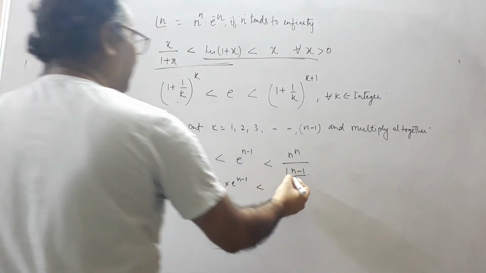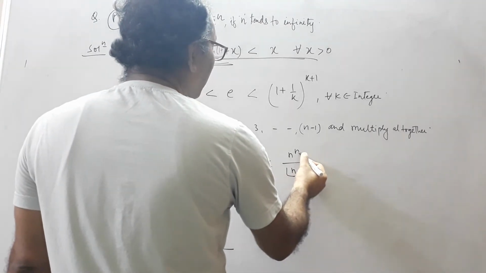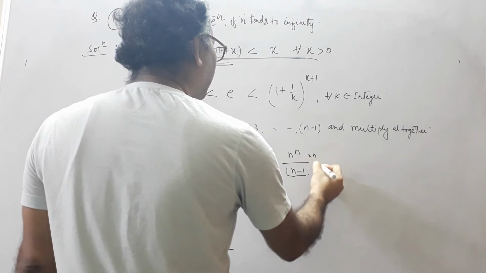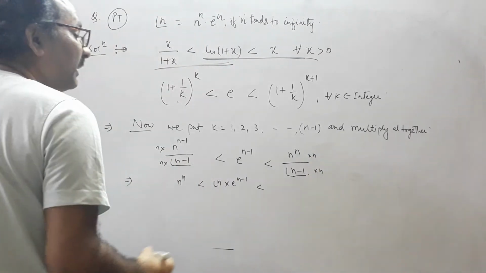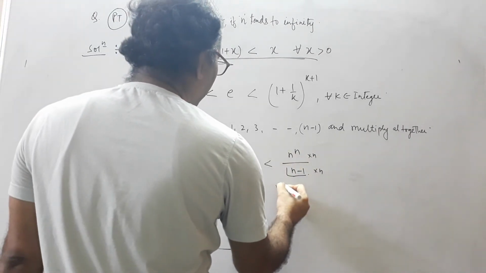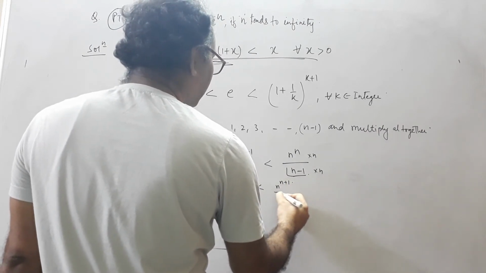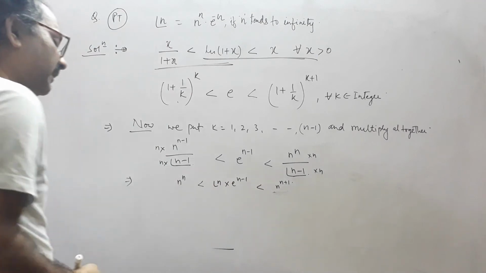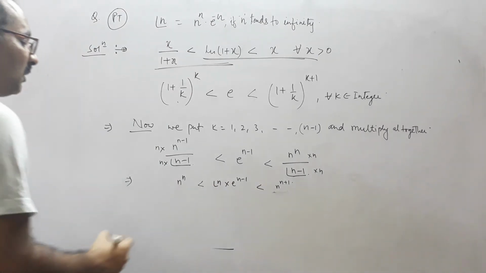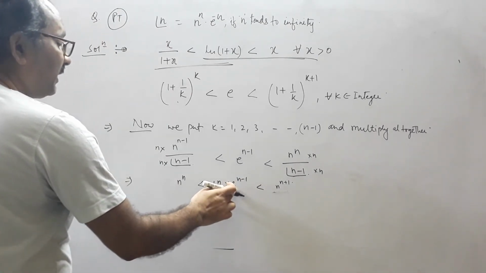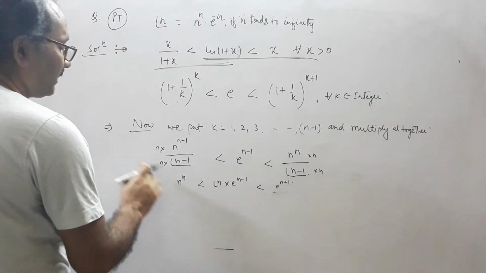And if we multiply and divide by n, here we shall have n to the power n plus 1 divided by factorial n. Now we transfer e to the power n minus 1 to this side.